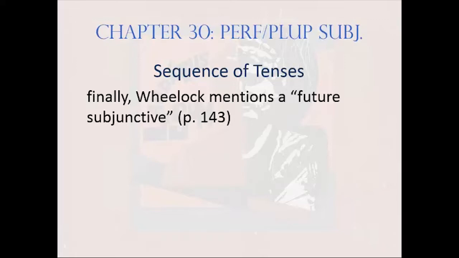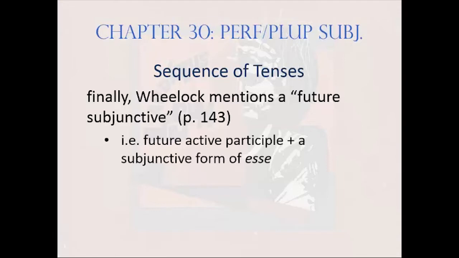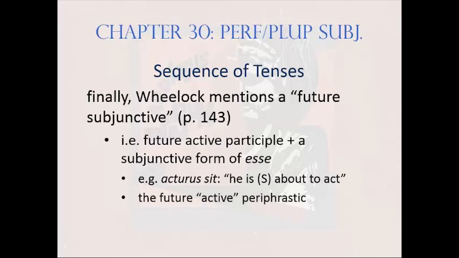Finally, we need to clarify one other thing in this chapter. On page 143, Mr. Wheelock mentions that Latin has a future subjunctive, composed of the future active participle plus a subjunctive form of esse. For instance, locuturus sit, meaning he is subjunctively about to act. What is that?